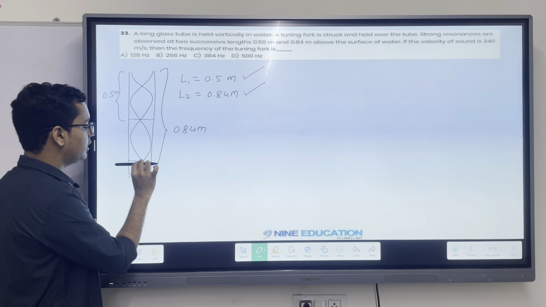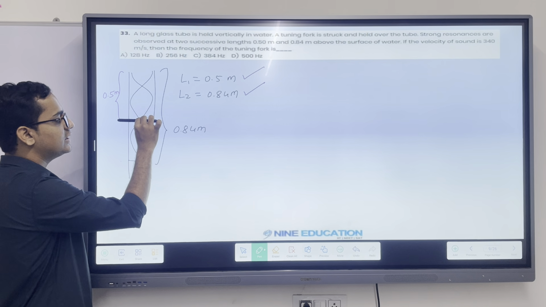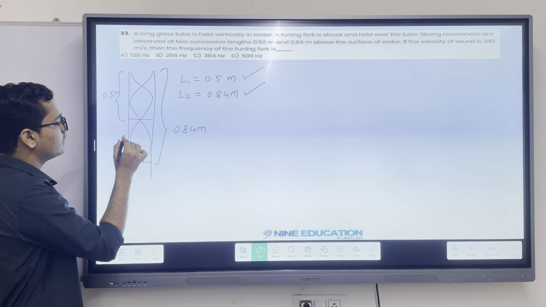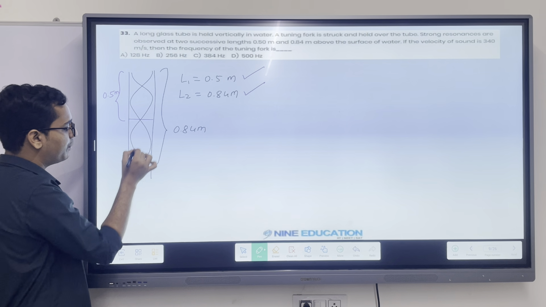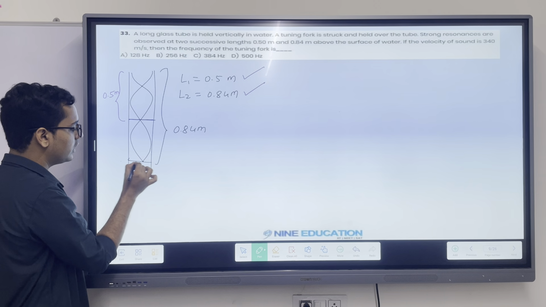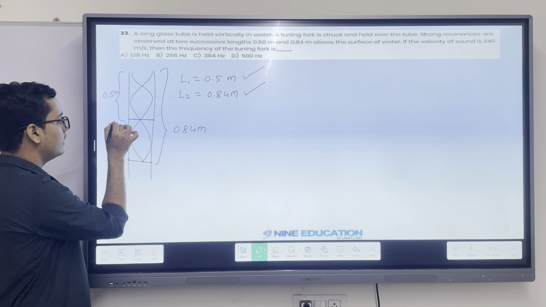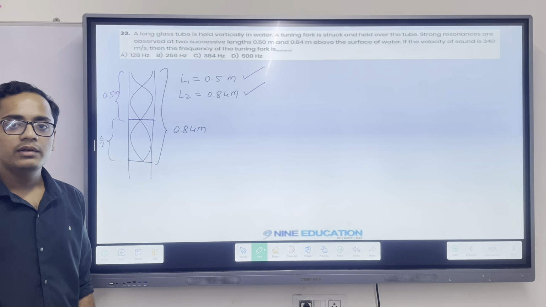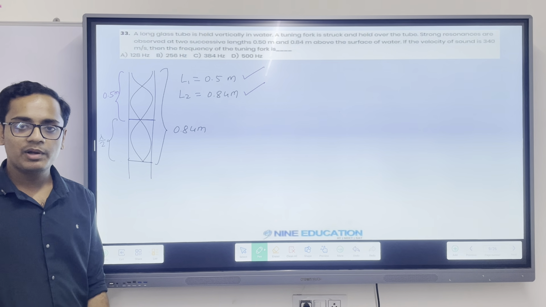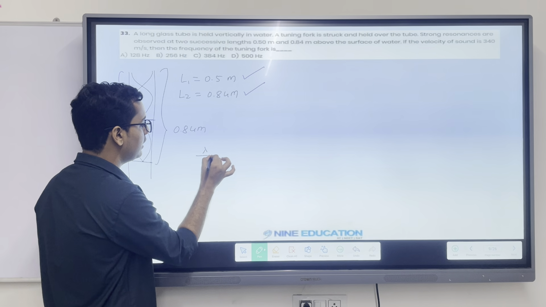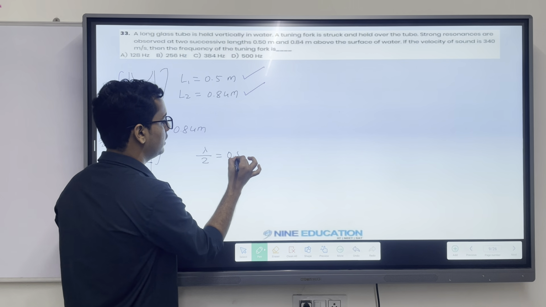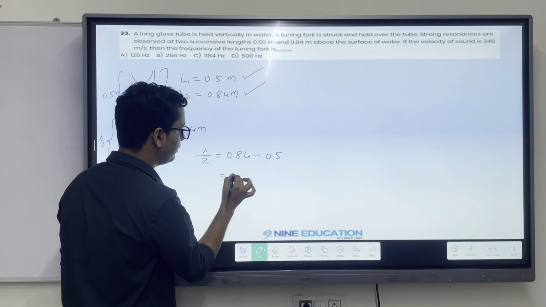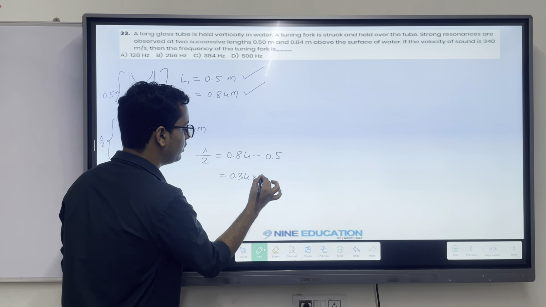Hence, you are able to hear the resonance. When the water level is at this point, there is a standing wave formation. So, these are the successive lengths. So, can I say this gap between this water level and this water level is basically lambda by 2? From the diagram, you can interpret that this distance is lambda by 2. Hence, I will say lambda by 2 is equal to 0.84 minus 0.5, which is nothing but 0.34.